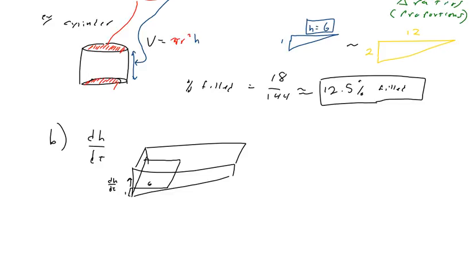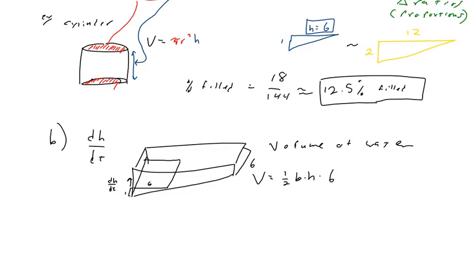So the volume of water is, because all I care about is the volume of water, 1/2 base times height times 6. This length of 6 isn't changing. I guess I got to call these different things here.